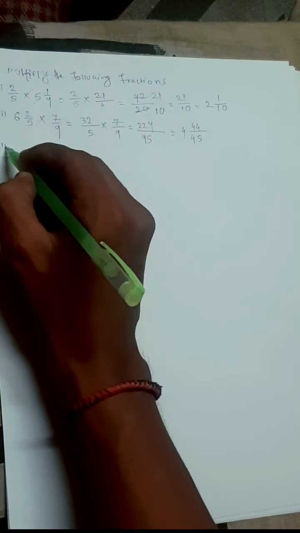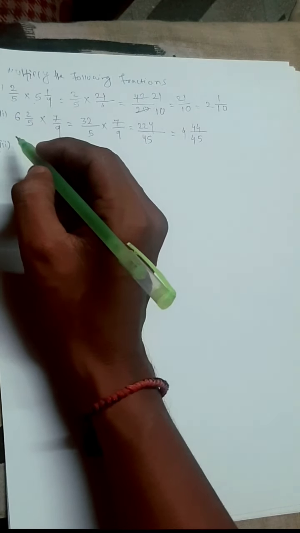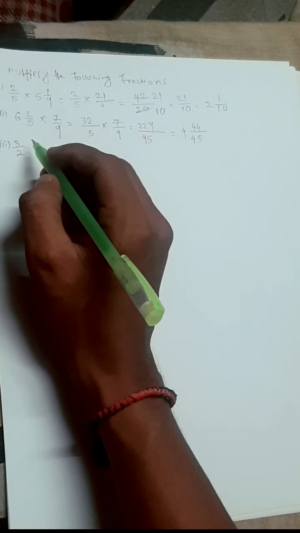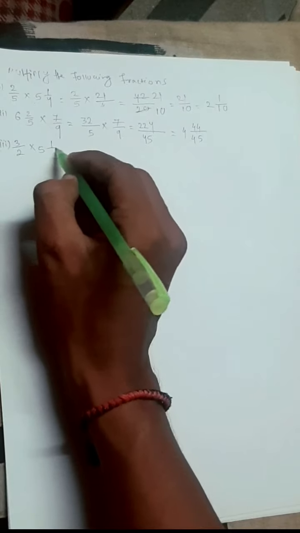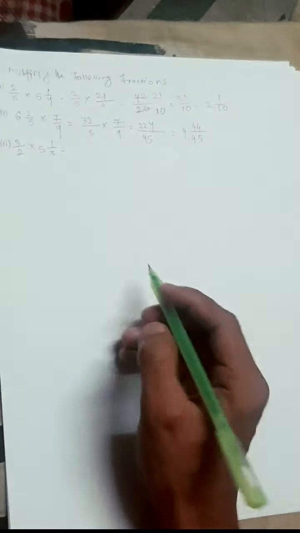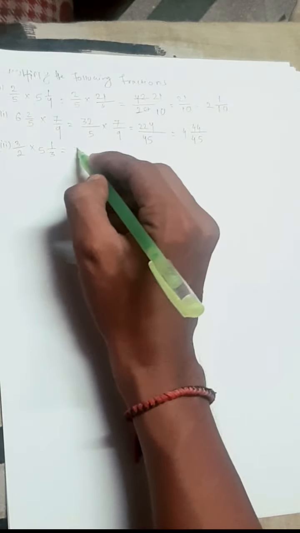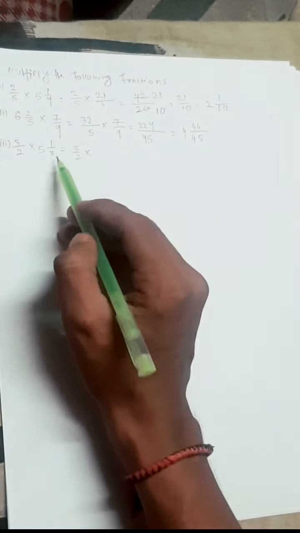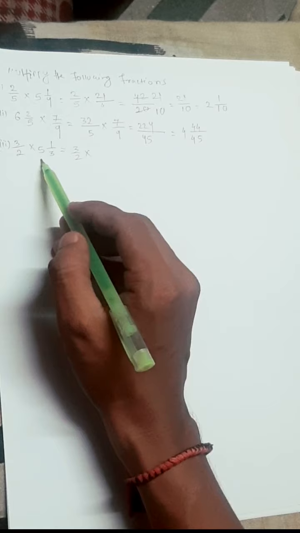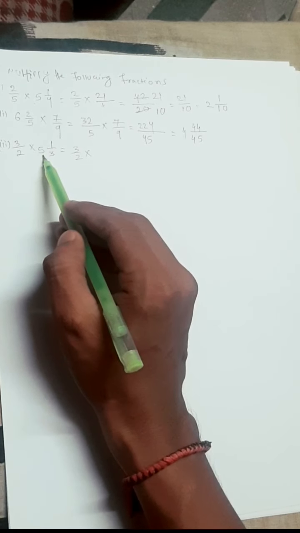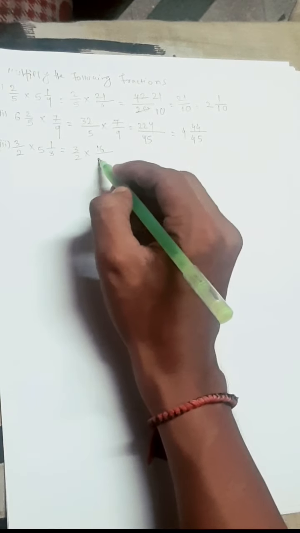Now come to your third bit. 3 upon 2 into 5 whole 1 upon 3 equals to 3 upon 2 into, it is a mixed fraction, so let's convert it into an improper fraction. 3 times 5 is 15 plus 1 is 16 upon 3.